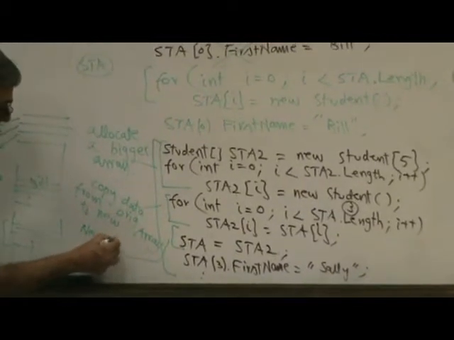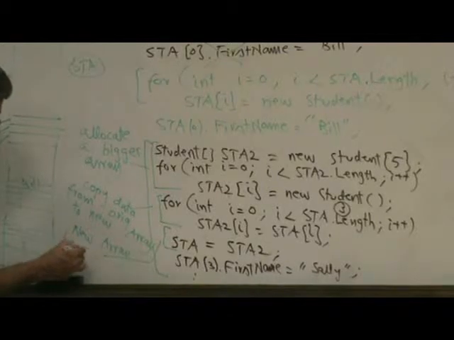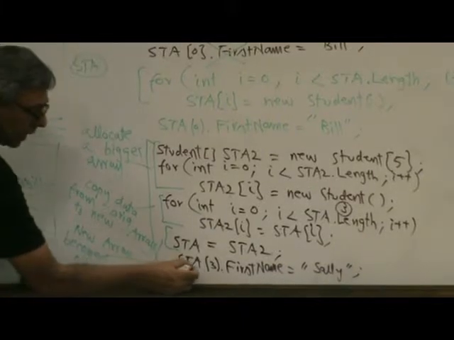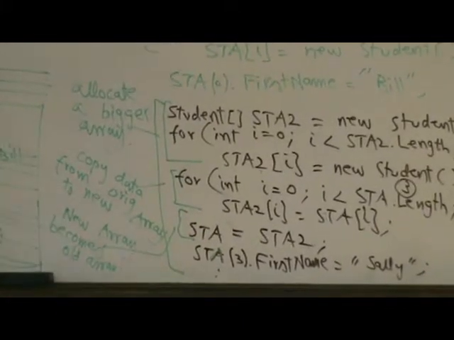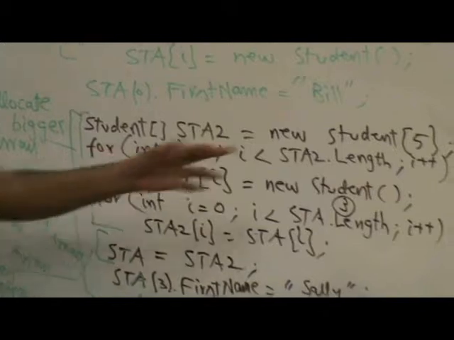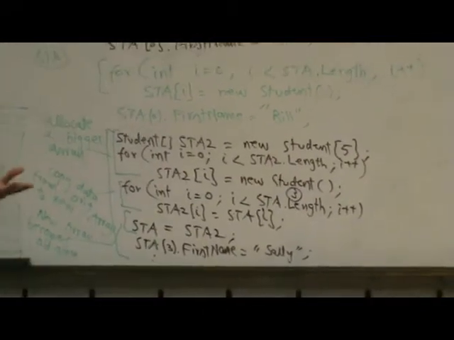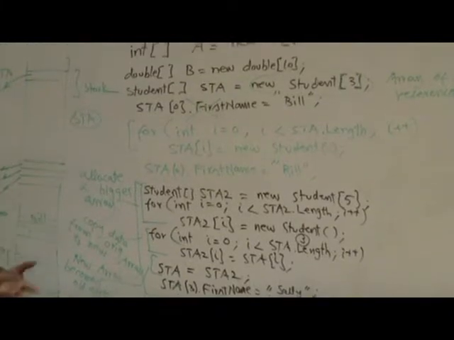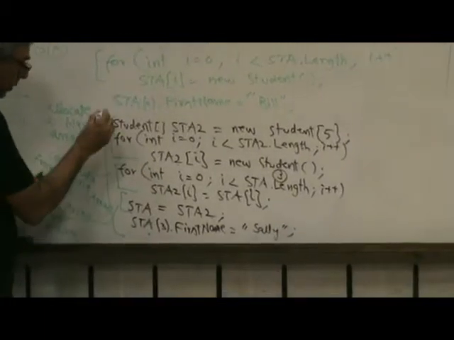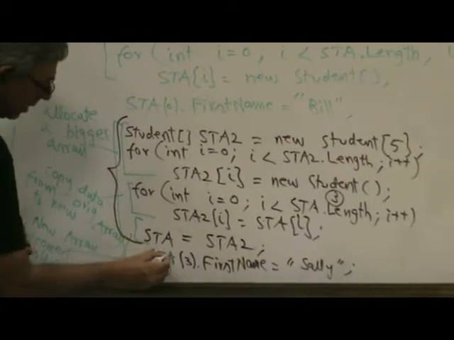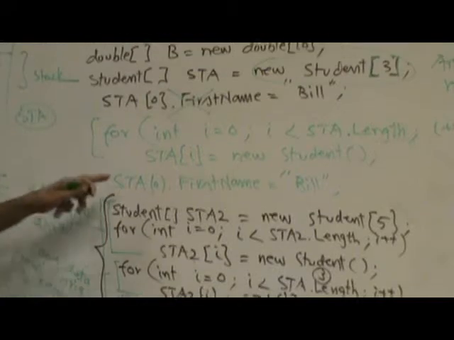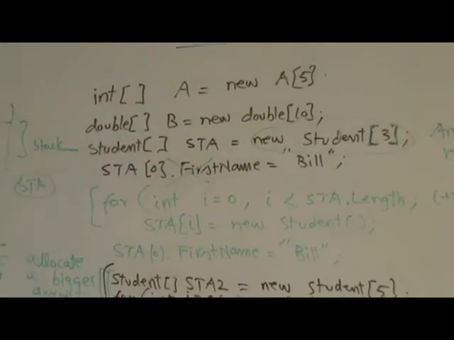The new array becomes the old array, so that our code can keep using sta. Otherwise, if a few lines later you needed to allocate 10 students, you may call it sta3, so somewhere you're using sta2, sta3. This way, once this part is done, the rest of the code continues to use sta just like we were using in the beginning.